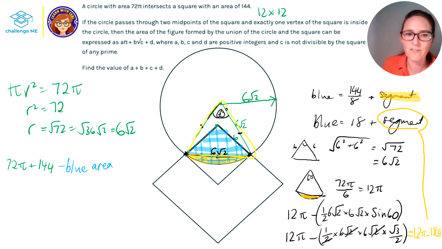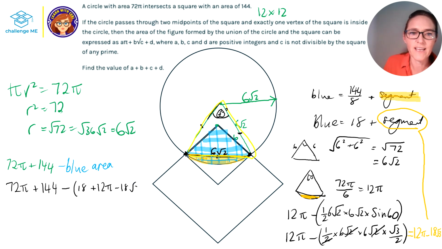So let's go for our final answer now. So we had the area of the full circle, 72 pi. The area of the full square, 144, minus the blue area, which is an eighth of the square, plus that little orange bit, which we just calculated to be 12 pi minus 18 root 3.